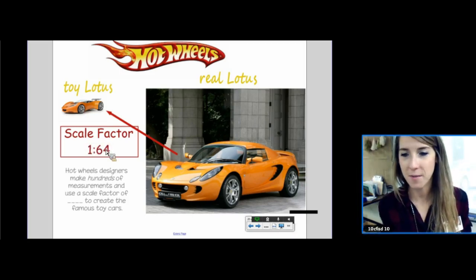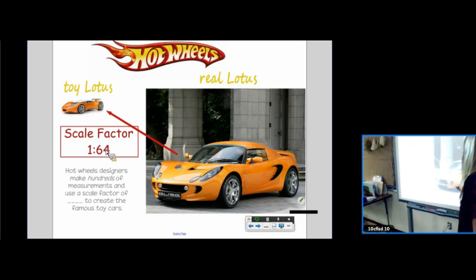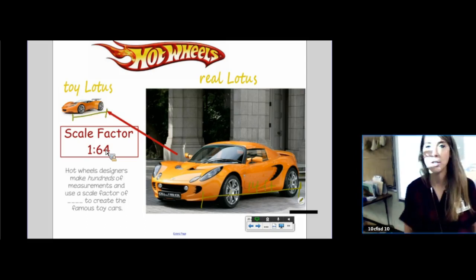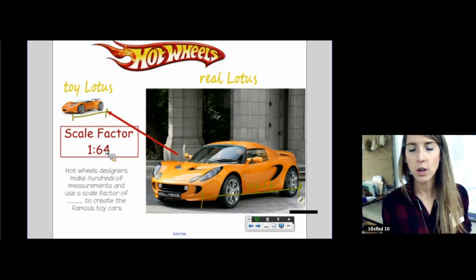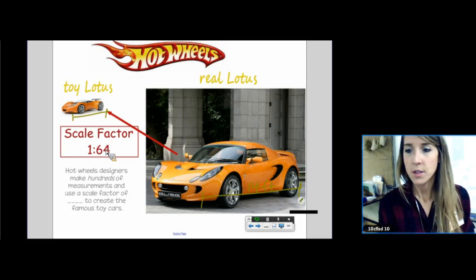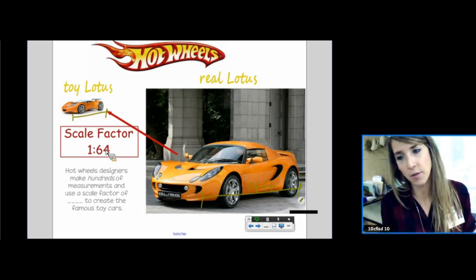So here's what I meant when I said you go forwards and backwards. If you knew that this was, I don't know, 14 feet, then what would that length be on the toy car? You're going backwards, right? You're getting smaller. So you would divide. If you're getting smaller, obviously you divide. If you're going forward, you multiply.